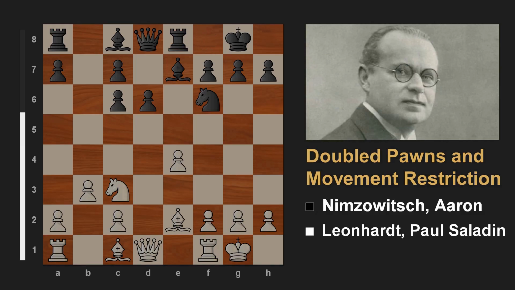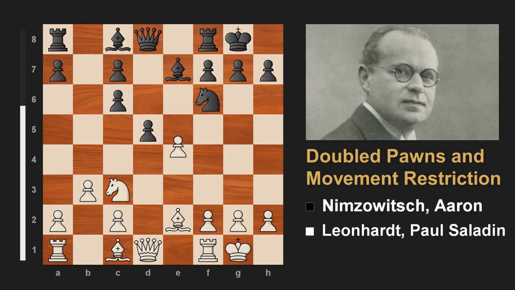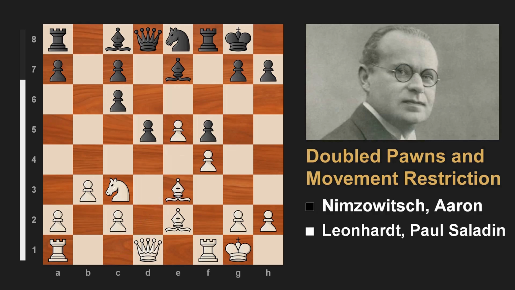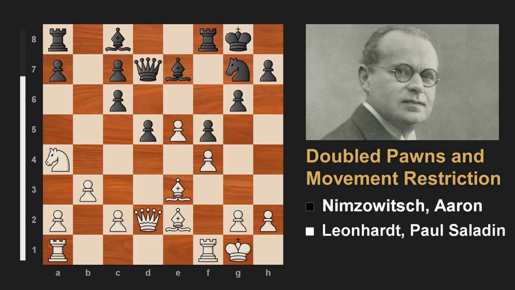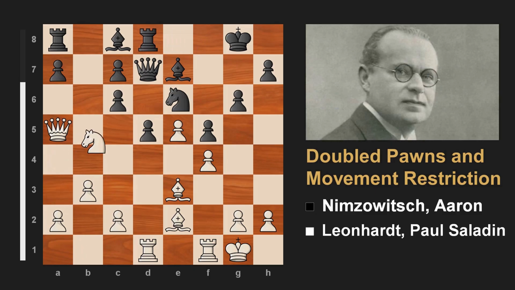Rook e8 and bf8 play on pawn cg4. Knight e6, rook ad1, rook d8, knight c5.